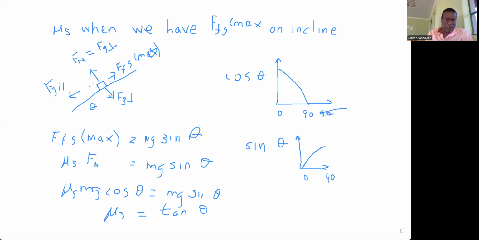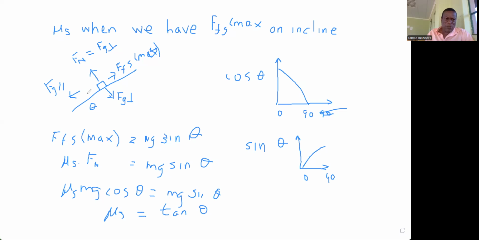We are going to say when the object is just about to slide, these two forces, the maximum static friction and F_g parallel, are balanced. In other words, they are in equilibrium.